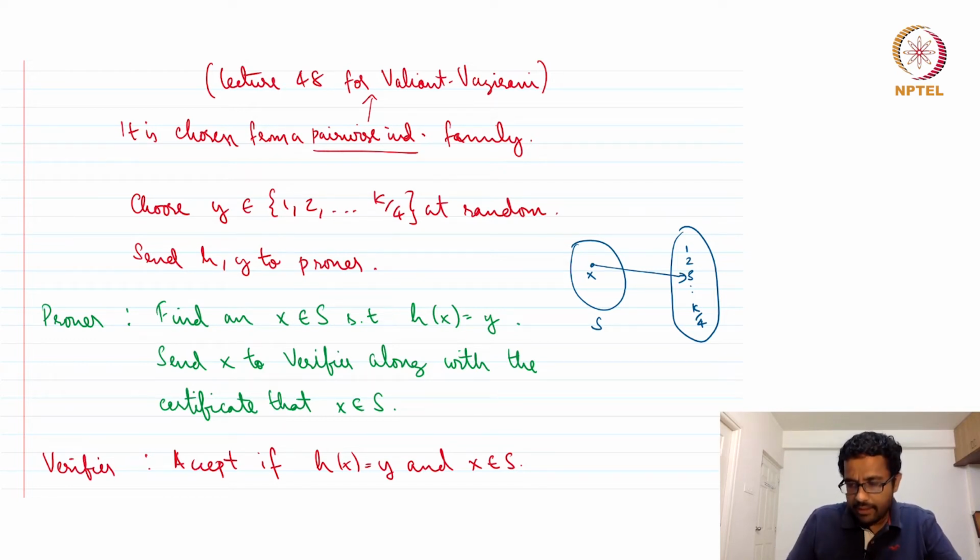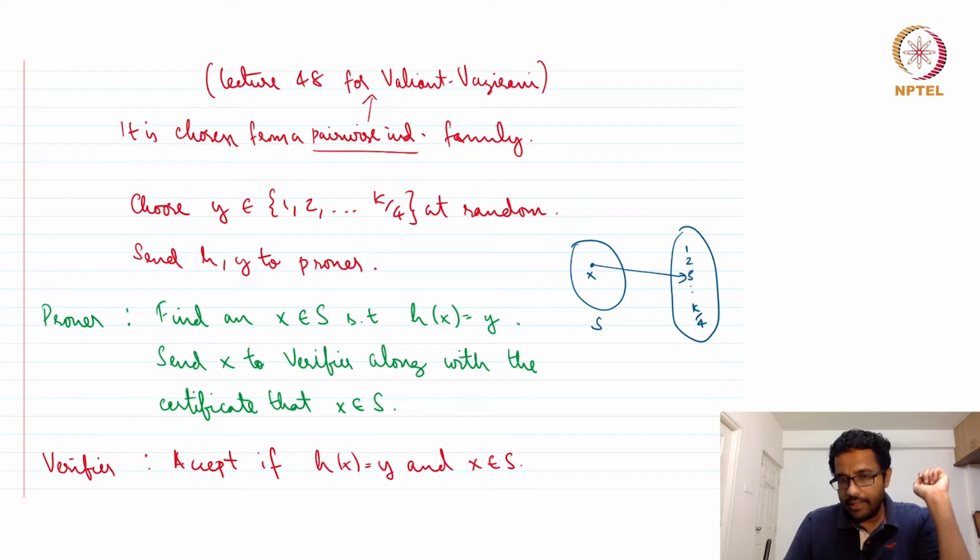Notice that x is in S means x is possibly an element that could have been sent by the verifier, and the prover can say that this is an element that you could have sent, because you take G0 and you permute it, you get x, or you take G1 and you permute it and you get x. This is something that the prover can tell the verifier.